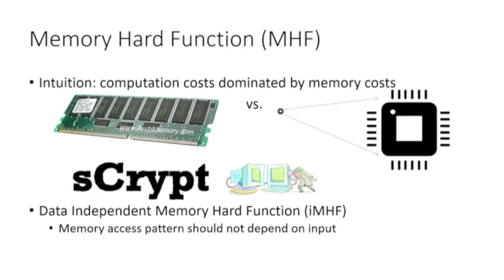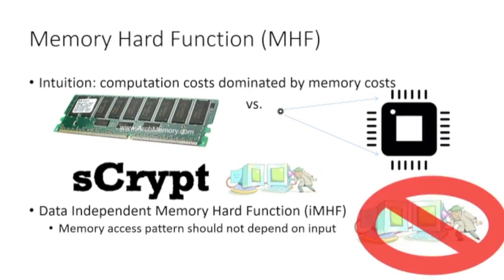In this case, an attacker that's measuring cache accesses is not going to be able to learn anything in a provable sense about your password, because that memory access pattern would have been the same whatever password you input. So now if we have a data-independent memory hard function, this function is no longer vulnerable to side channel attacks.